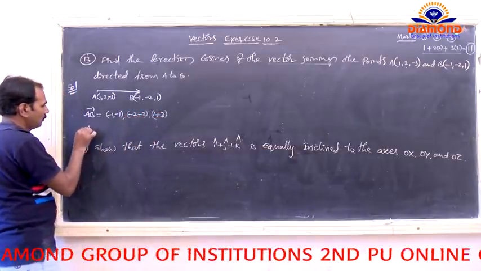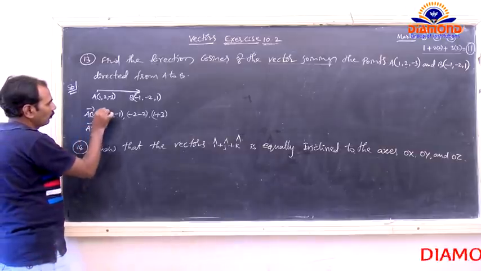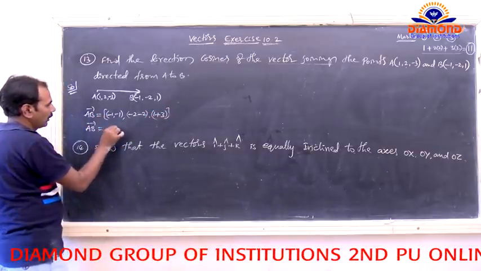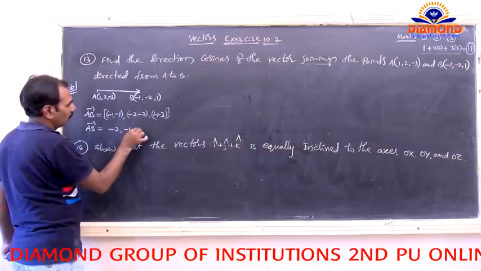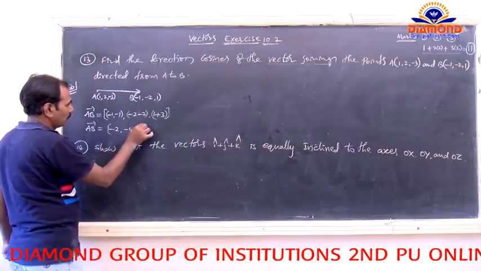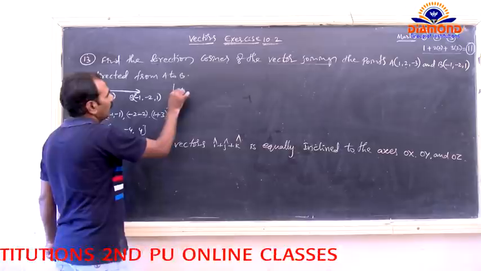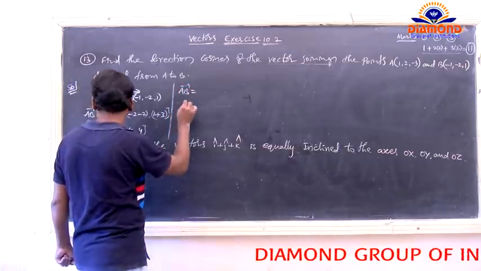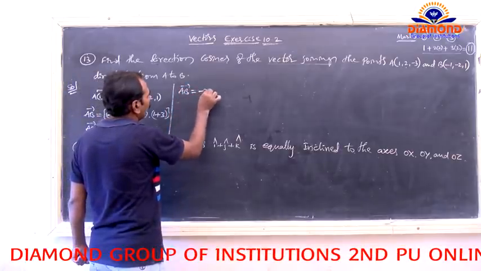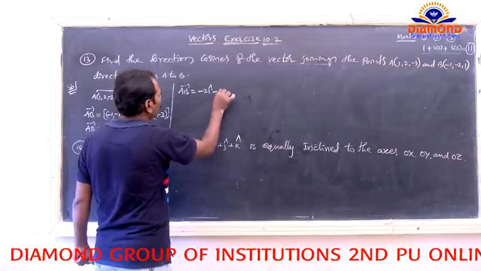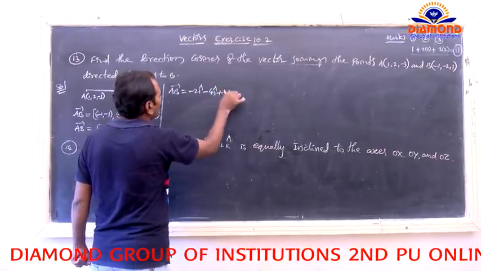So AB bar equals minus 2, minus 4, 4. It means AB bar equals minus 2 i cap minus 4 j cap plus 4 k cap.